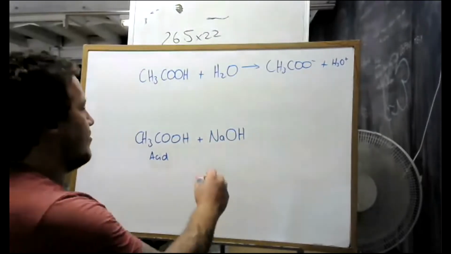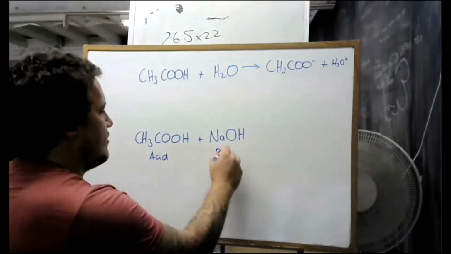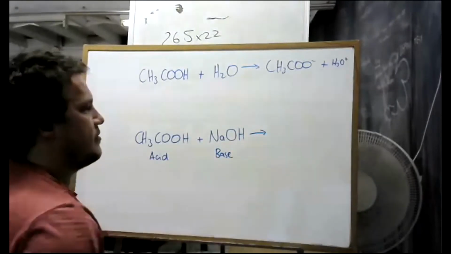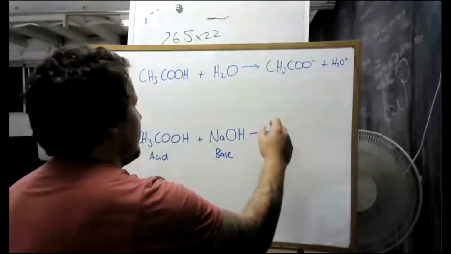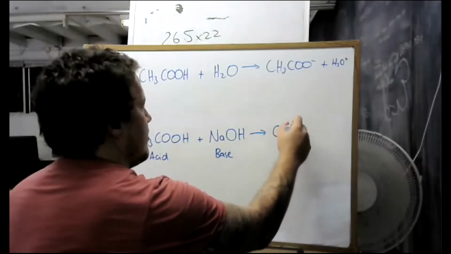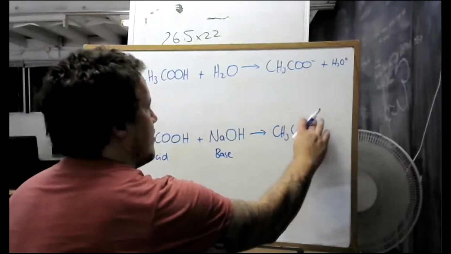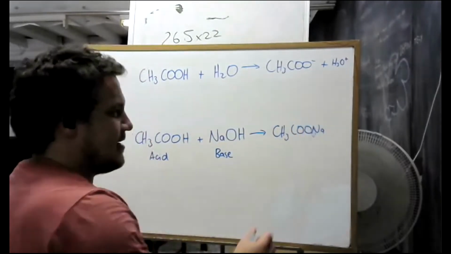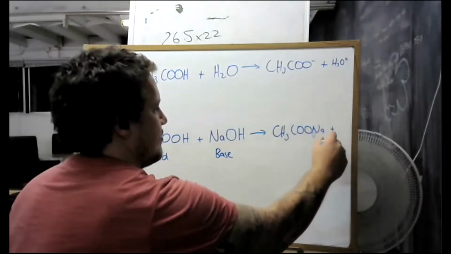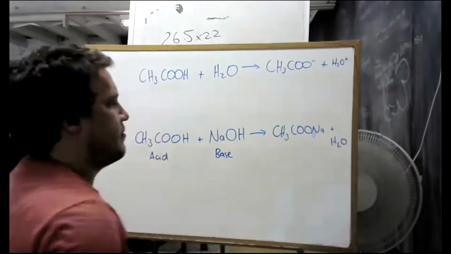We mix an acid and a base together. What do we get? Salt water. So we would have sodium acetate and water.